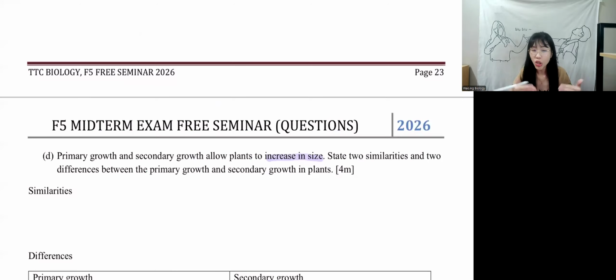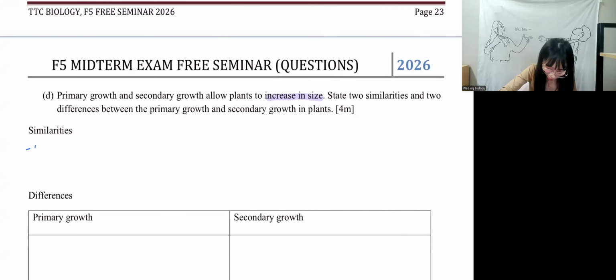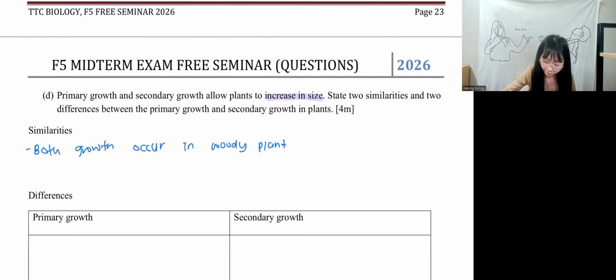We're going to write something that is not in the question. Primary growth and secondary growth, both growth occurs in only woody plant. Correct? Because non-woody plant don't carry out secondary growth. So we're going to say both growth occurs in woody plant.